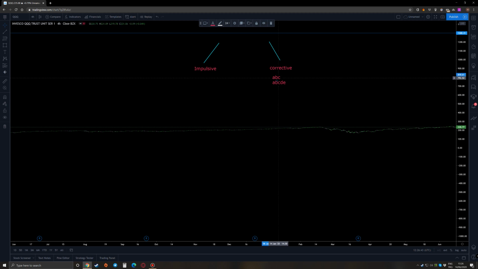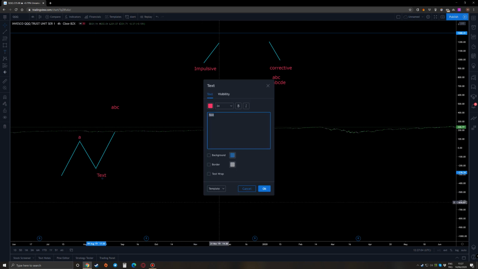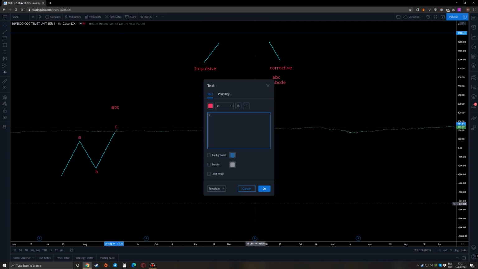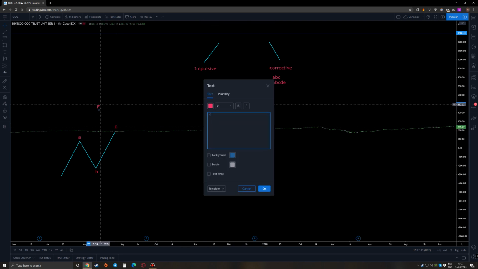So if we are talking about ABC, what can we have? Well, we can have a correction called a flat. Now the flat pattern looks something like this. This is wave A, this is wave B, this is wave C. So let's label this as a flat.